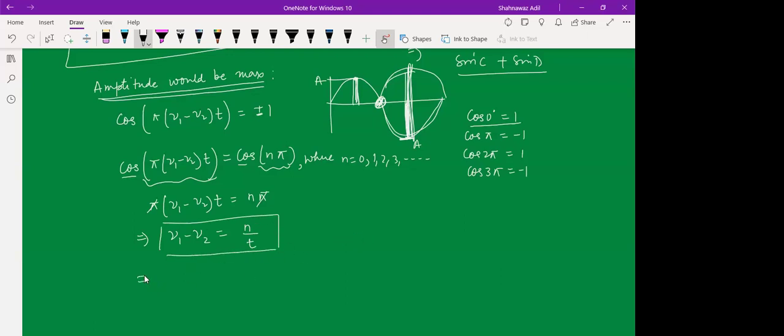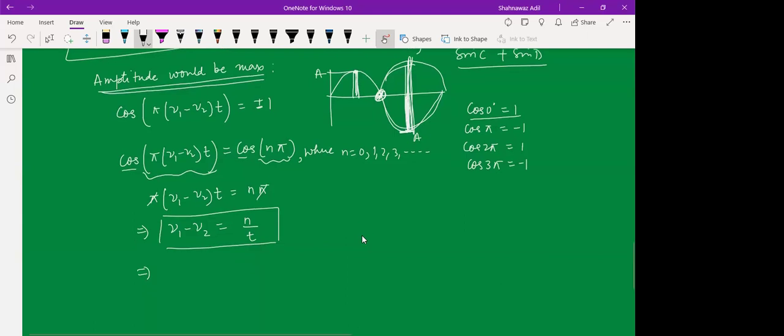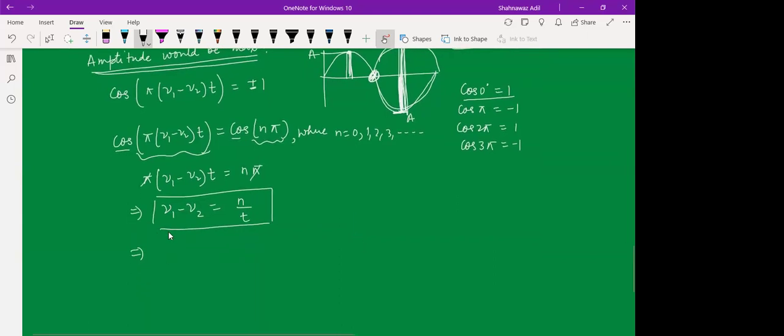So this beats frequency is simply nu, and this is n by t. This is how we calculate the beat frequency for maxima. Okay, clear.